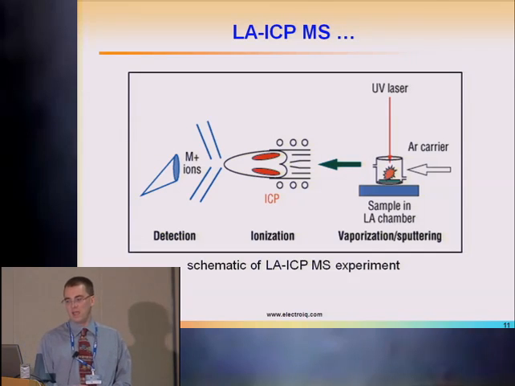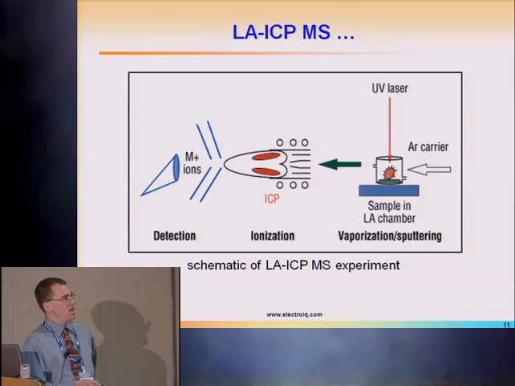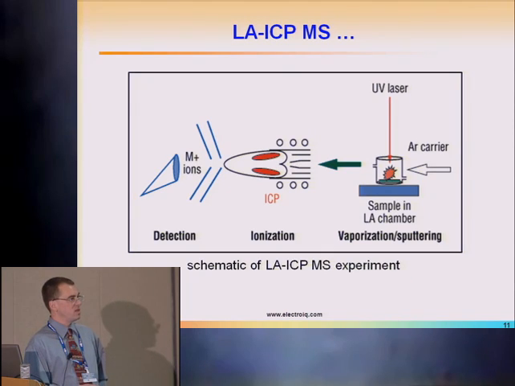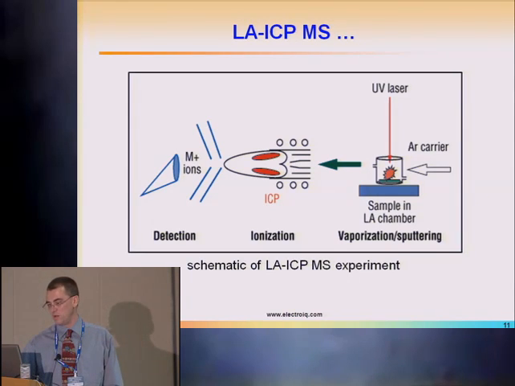Moving on to ICPMS, here you have a laser basically liberating the analytes from the tissue, which are then carried with an argon inert gas into the plasma source and then are detected by mass spectrometry.